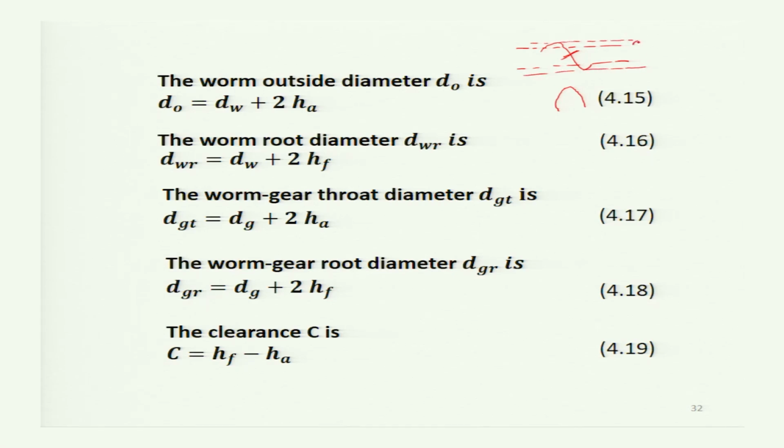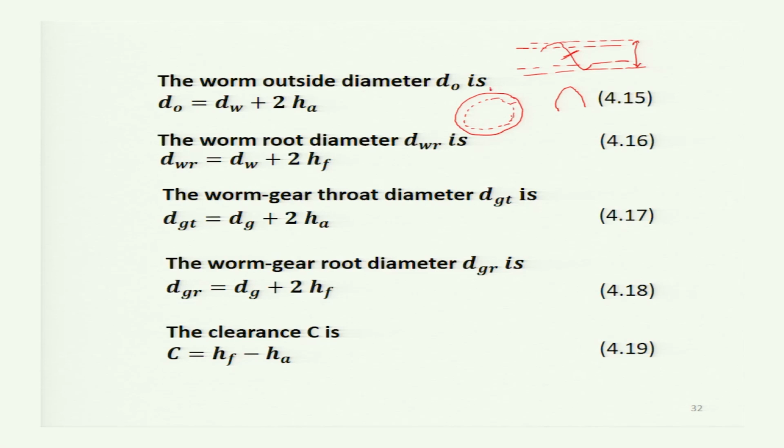This is the outside diameter of the worm and the pitch diameter, and then there will be the inside diameter or the root diameter. Okay. So the worm outside diameter DO is DW, the pitch circle diameter of the worm, plus 2 times the addendum. It is very much clear here. You have outside diameter like this, pitch circle diameter is this one, this is the pitch circle diameter, and above it, the height of the gear tooth is called the addendum.